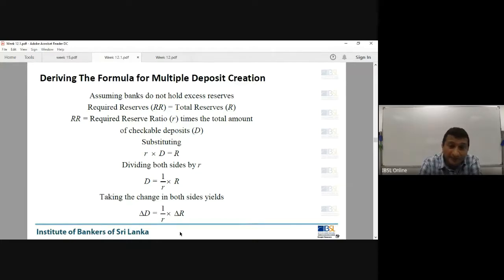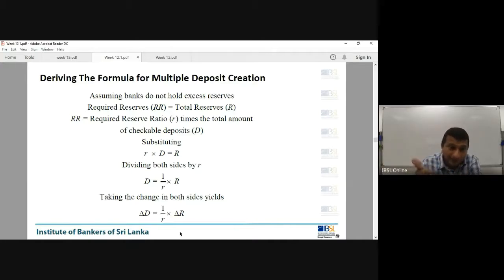At the same time, we here assume the banks also do not maintain anything other than the required reserve with the central bank, right? So you see it is 10%, they keep 10 from 100 deposits. If it is 5%, they keep only 5, but not 6 or 12 when it was 10.